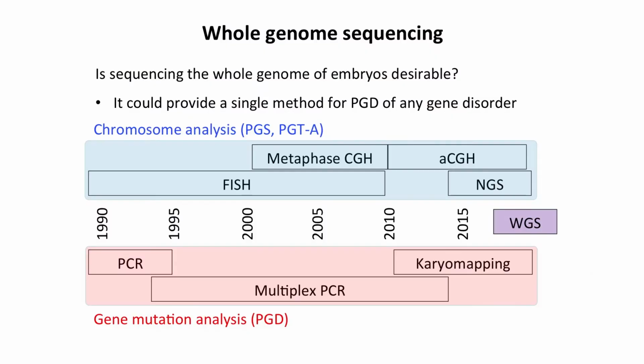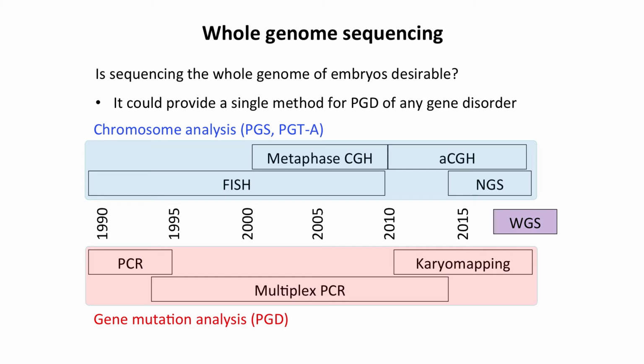If we think about how PGD and how PGS have evolved over the years, they've never really overlapped. At the beginning there was FISH for looking at chromosomes, and there was PCR and then multiplex PCR for looking at genes and sequences. Then we got a bit better at doing the chromosome analysis. We brought in metaphase CGH, which was rapidly replaced by array CGH.